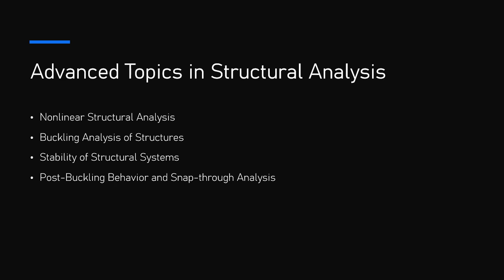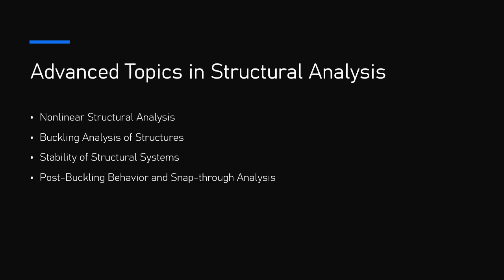Global buckling occurs when an entire structural system loses stability, such as the buckling of a column or frame under compressive loads. 2. Instability due to lateral loads. Wind or earthquake. Lateral loads, such as wind or earthquake forces, can cause instability in structures, particularly if the structure lacks sufficient lateral support.